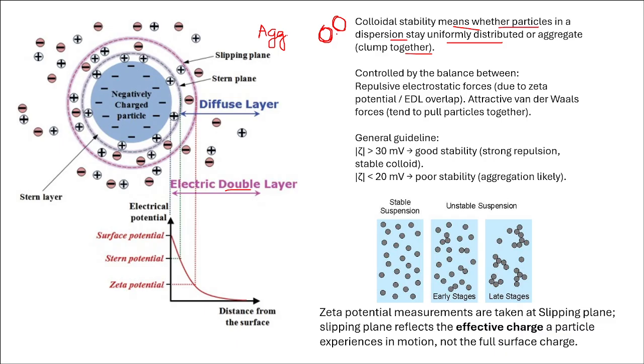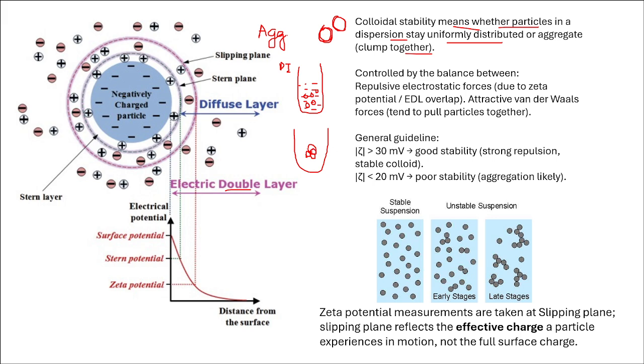Whenever we have synthesized nanoparticles, they should be stable. What I mean by stable is, suppose you are making a colloid, dissolving your nanoparticles in the aqueous phase, simply putting them in DI water or PBS. They should stay like this, uniformly distributed, because over time, if your nanoparticles are not stable, they would come together and clump like this.